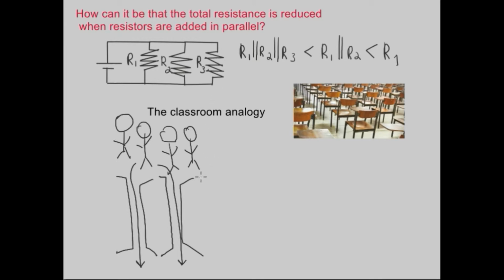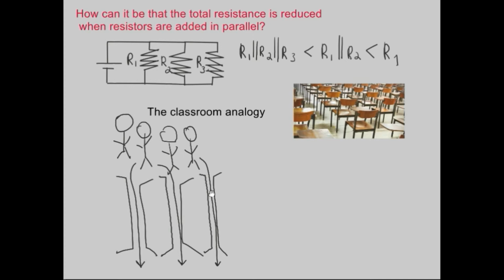And if I add yet another corridor, this time a very narrow corridor, one that lets probably one student go at a time, still, there might be one student taking this corridor, and this student won't have to bump into the other students going into the other corridors. So even a third, very narrow corridor would still help this group of students get to the other side more easily.